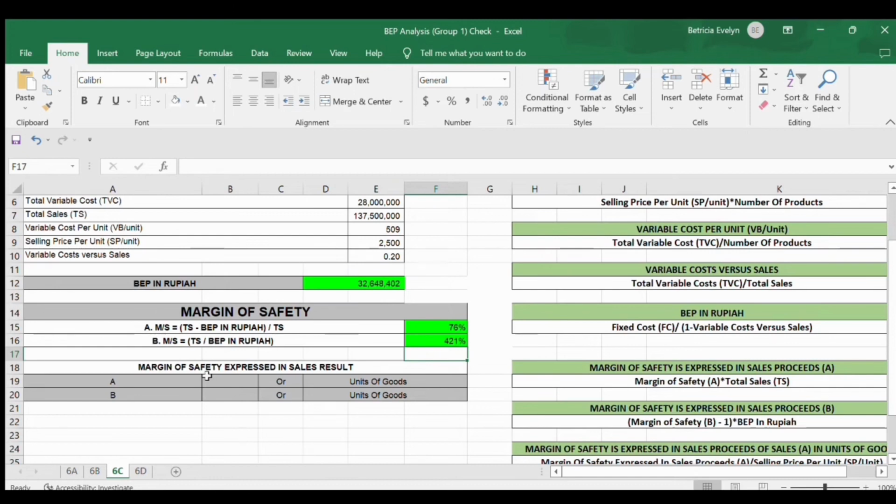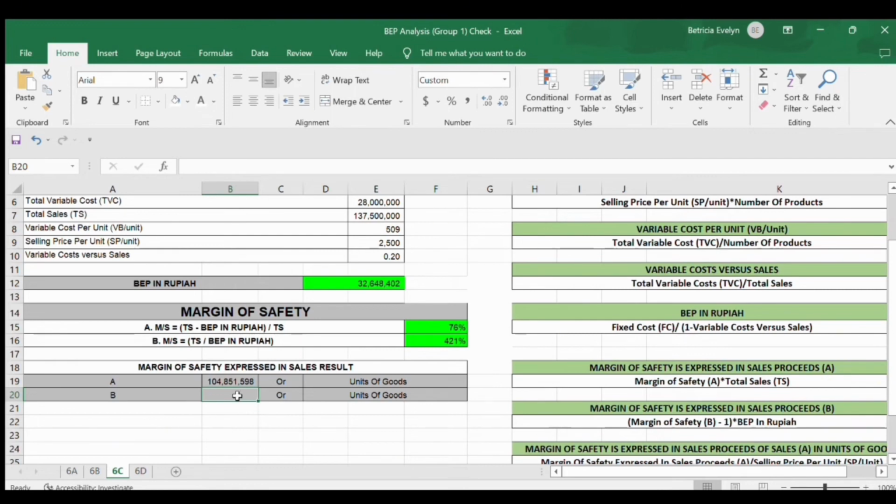So next is margin of safety expressed in sales result. The formula A is equals margin of safety A multiply total sales, enter.